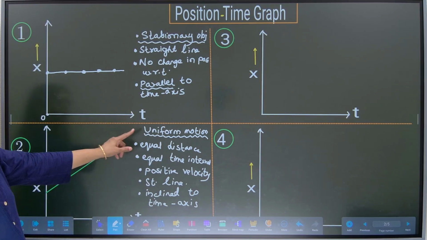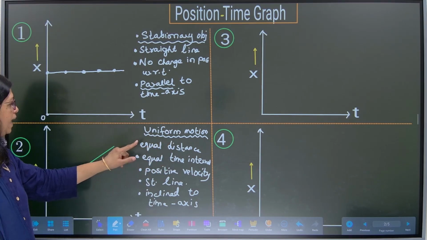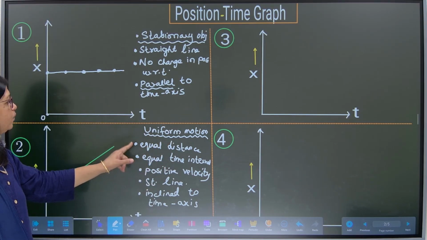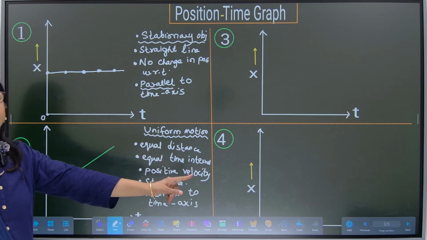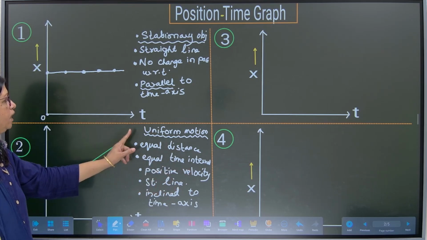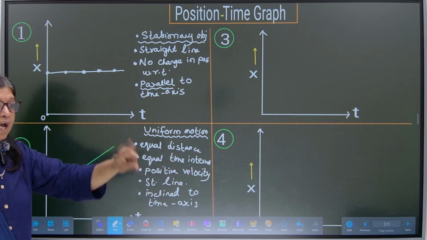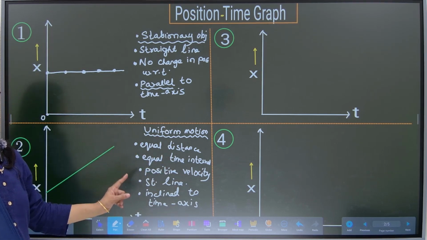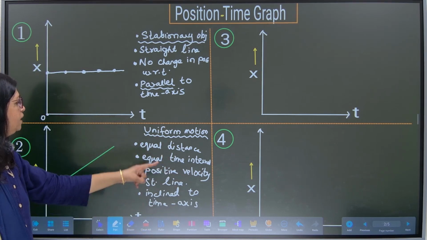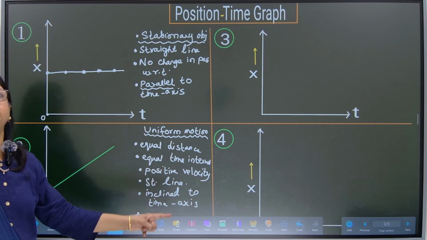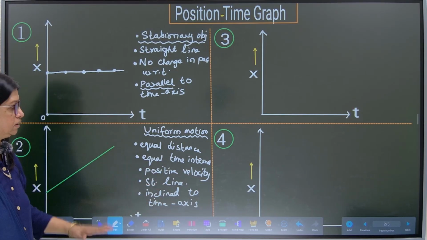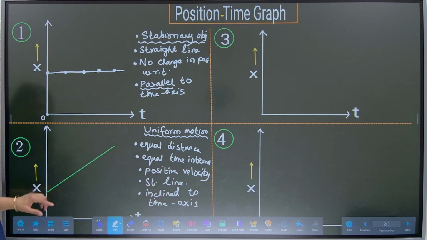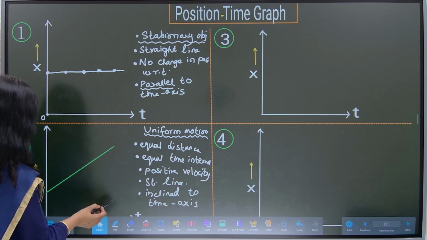Okay, so if the body has traveled equal distance in equal time interval, then it is said to be having a uniform motion, and if it is having a positive velocity, its graph will definitely be a straight line inclined to the time axis. Inclined to the time axis. Fine?